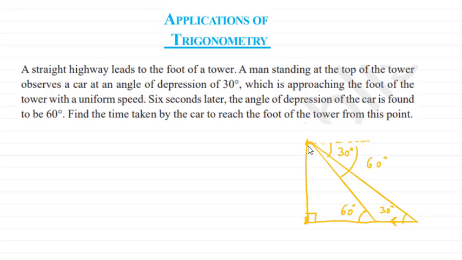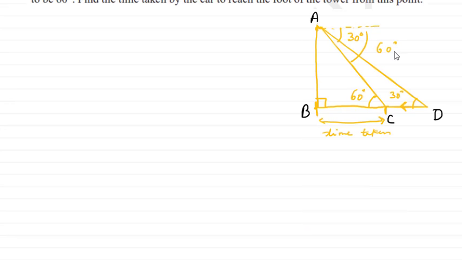So now you have to find out the time taken by the car to reach the foot of the tower from this point. So from this point we need to find out how much time it will take to reach here. So here we have to find out the time taken to reach from these 2 points. So these things I'll write here.